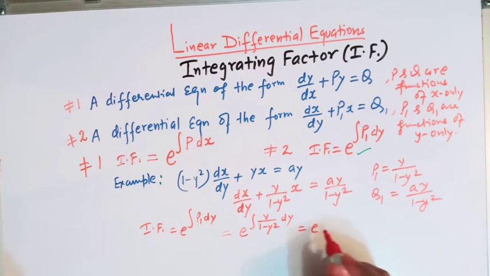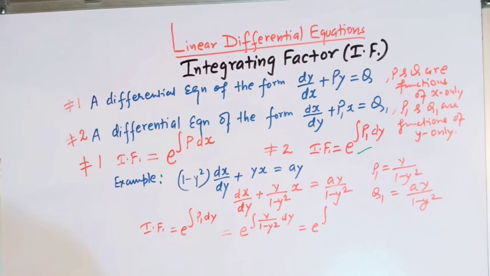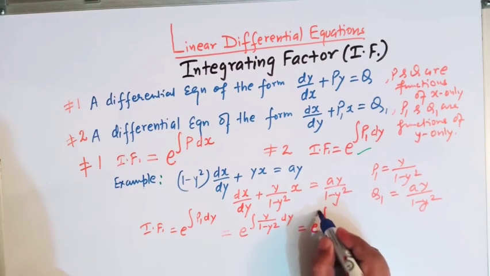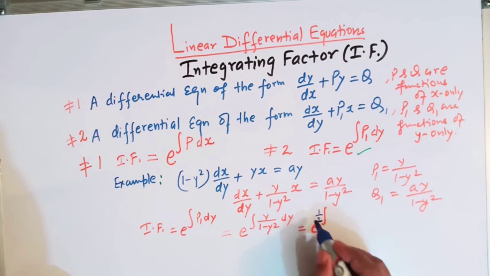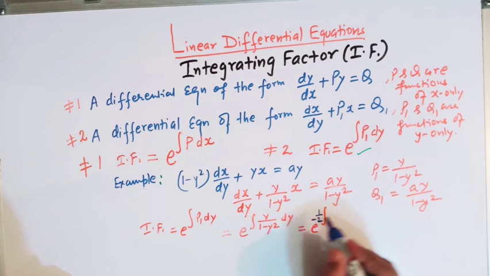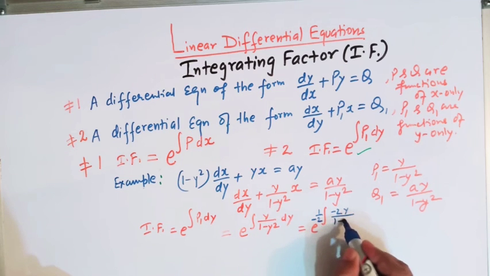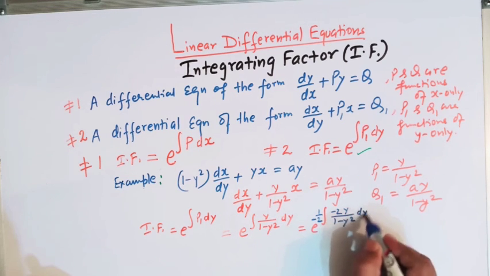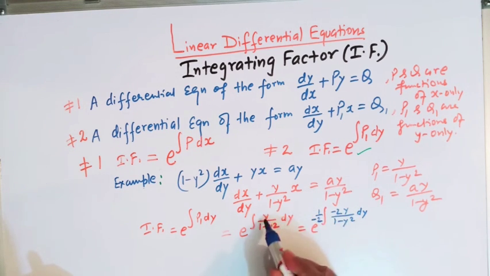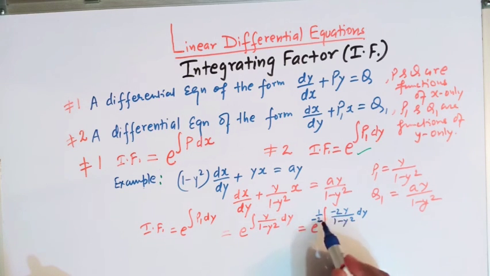Now here what we can do, we will take −1/2, and in the numerator we can take −2y, divided by 1 − y², right? So multiplying the numerator and denominator by −2, we have this expression.